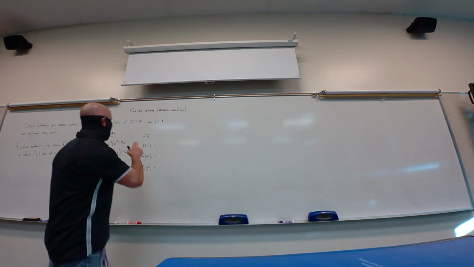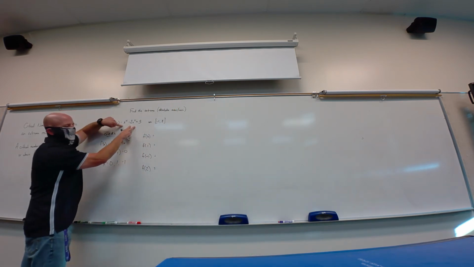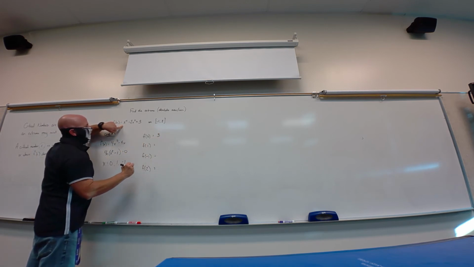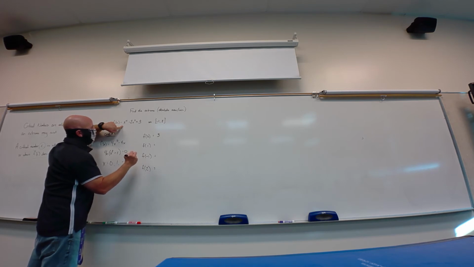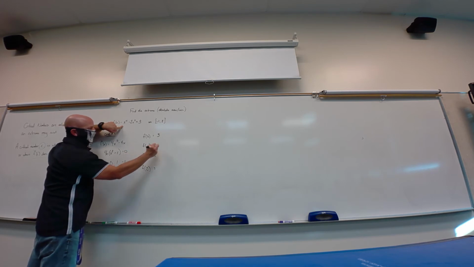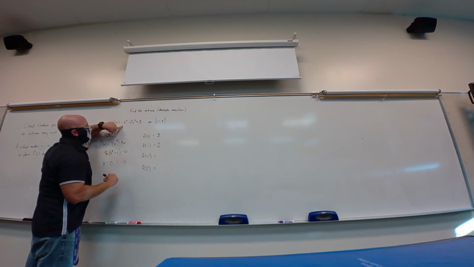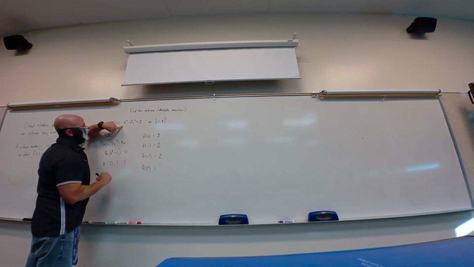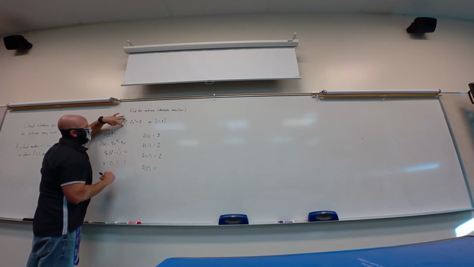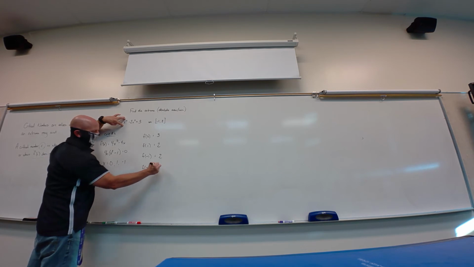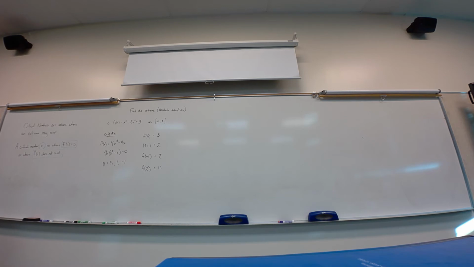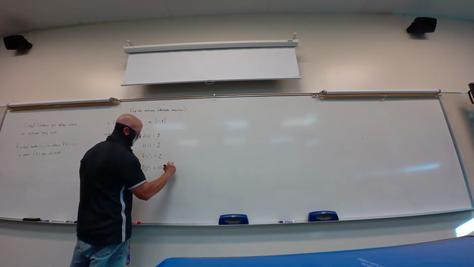So I'm going to substitute each of these values into the original function. So f of 0 is 3. F of 1 is 2, right? Yeah, 2. F of -1, also 2. And f of 2, let's see, what's that? 16 minus 8, 11? Yep. So this would be the max.